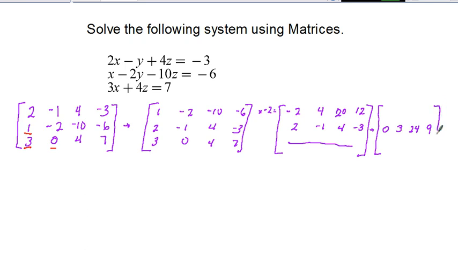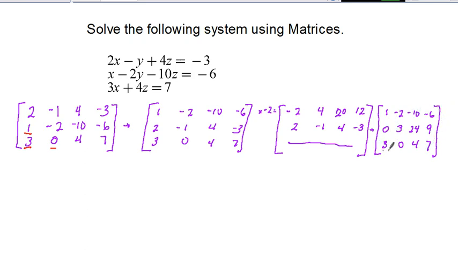Okay. I'm going to go back to row 1 and leave it the way it was initially, which is a 1, negative 2, negative 10, negative 6. And I have our row 3, which we're not going to change yet. 0, 3, 4, 7.